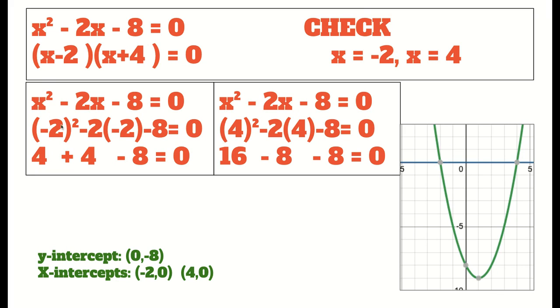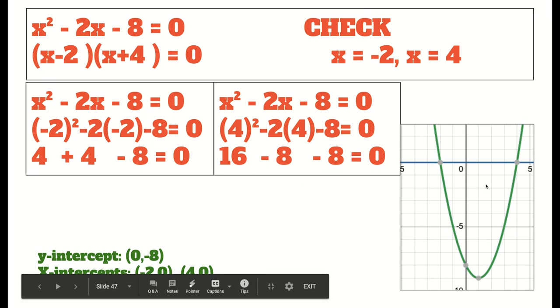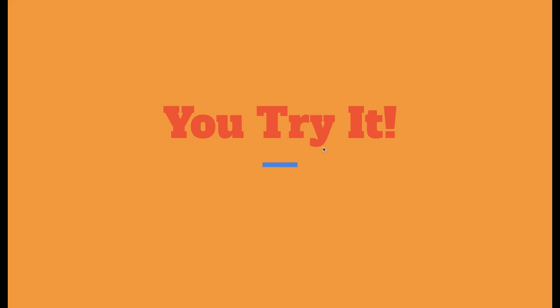So negative 2 squared minus 2 times negative 2 minus 8 is equal to 0. We get 4 plus 4 minus 8, and that does equal 0. And here we're going to plug in 4. We get 4 squared minus 2 times 4 minus 8 is equal to 0. 16 minus 8 minus 8 does equal 0. So this check works, and so does the graph. They both work. Now you try it.